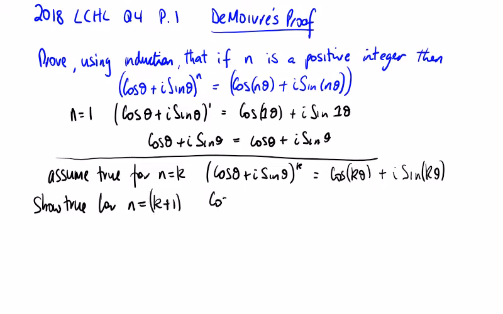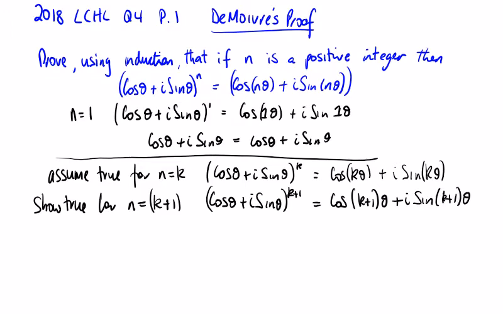So that's going to give us (cos theta plus i sine theta) to the power of k plus 1 equals cos of (k plus 1) times theta plus i sine of (k plus 1) times theta.